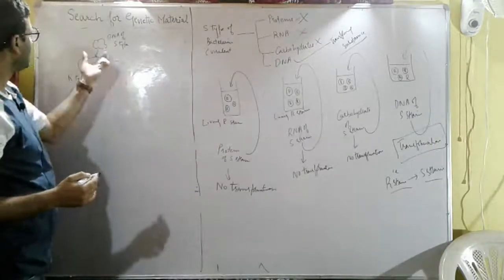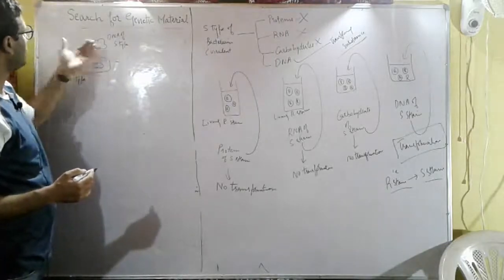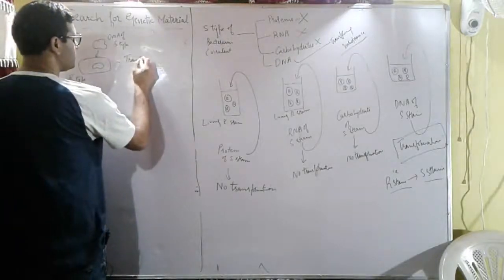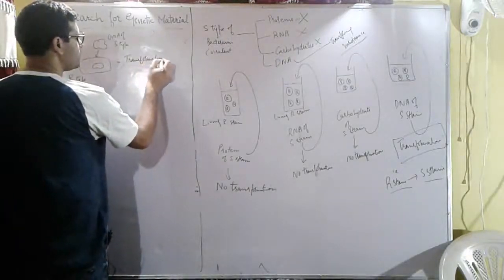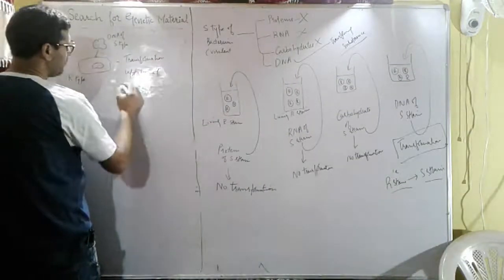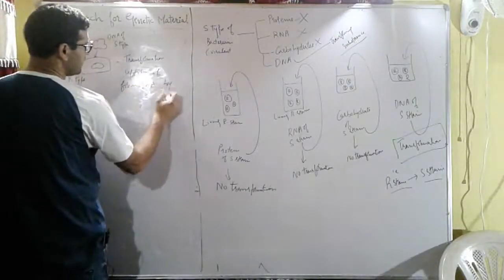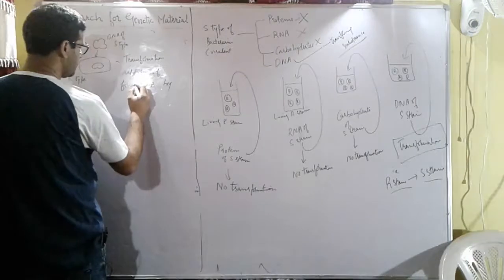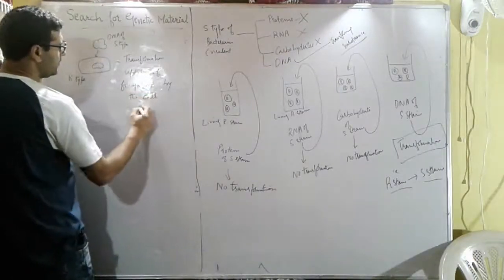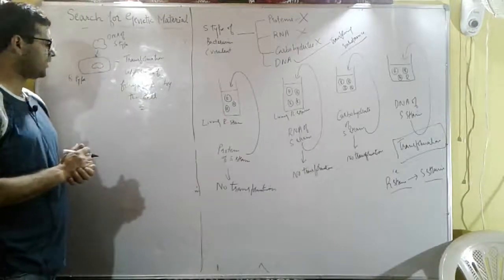So we can say that transformation is the uptake of foreign DNA by the cell. So what do you mean by transformation? Transformation is simply the uptake of foreign DNA by the cell.